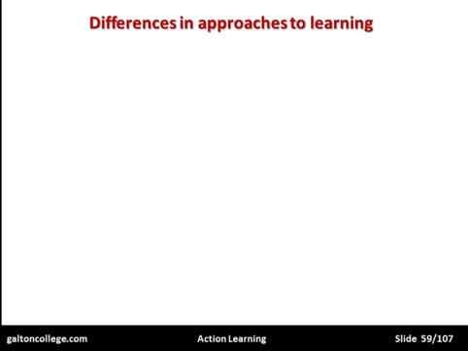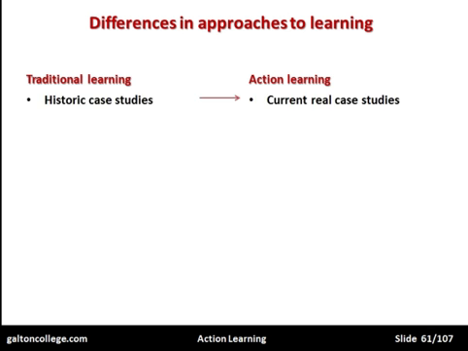Now, there are differences in the approaches to learning. There's traditional learning, which we're all aware of, what happens in libraries and in classrooms and in lecture theatres. And we have action learning. So traditional learning looks at historic case studies, looks at what happened in the past. Action learning is looking at real case studies, real situations here and now. Traditional learning tends to be individual, whereas action is group.